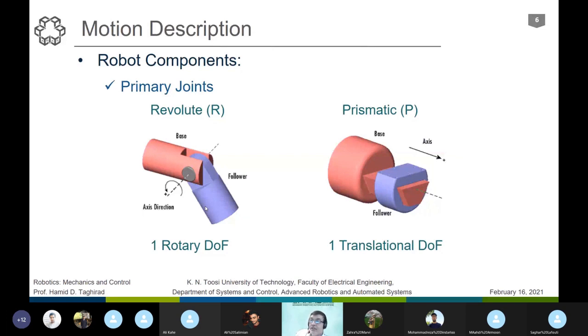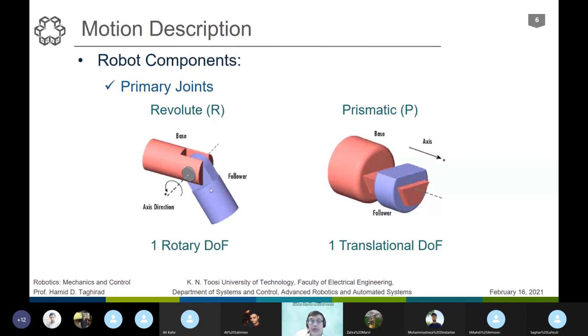If the degree of freedom is rotary, we call it a revolute joint, with just revolute motion in space. As you see, we have a base and a follower. The follower can move around the base about an axis, which we call the axis of rotation here. And it is only 1 degree of freedom.